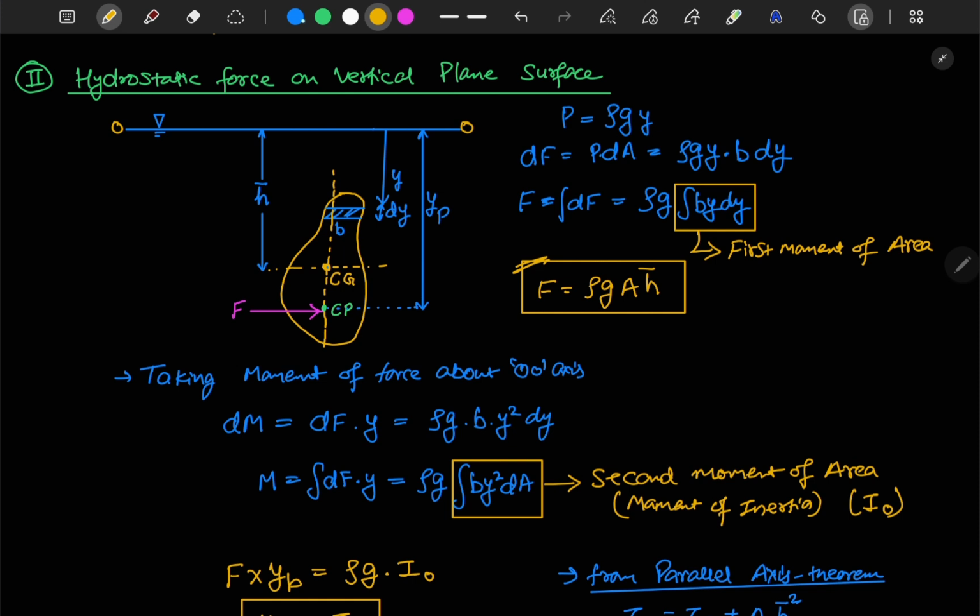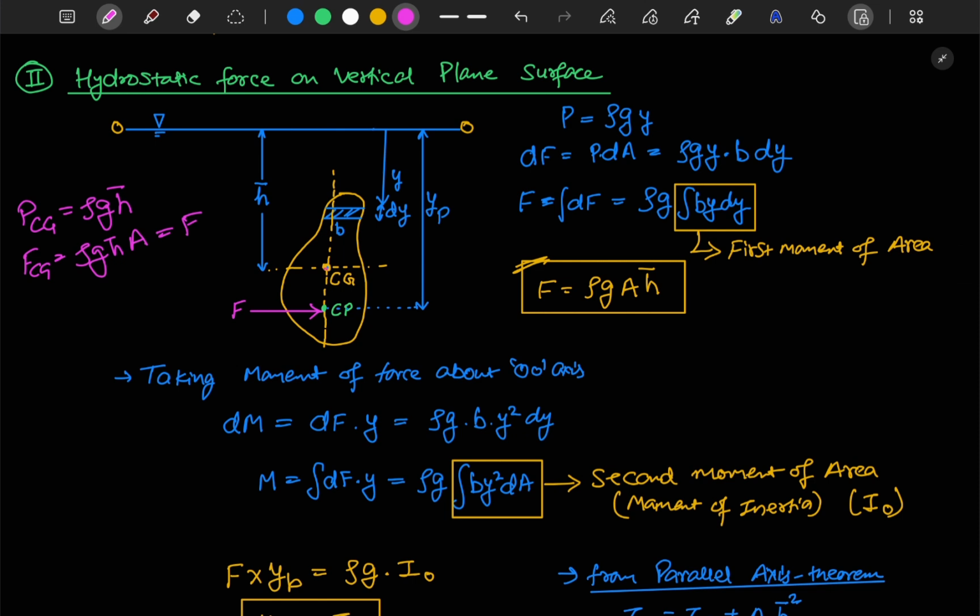The pressure at the CG is given by rho g h bar. So the force on the inclined plate is always given as pressure at the CG times the area of the plate. So the force is rho g h bar into A, and this is equal to the hydrostatic force acting at the CP also.